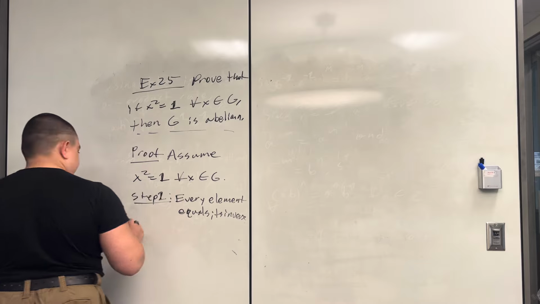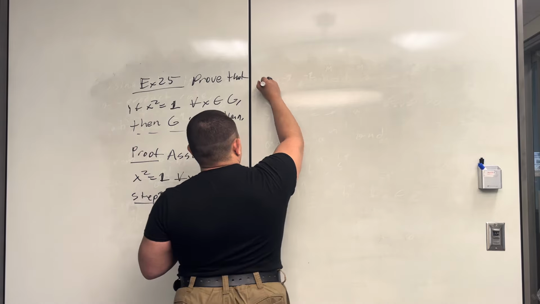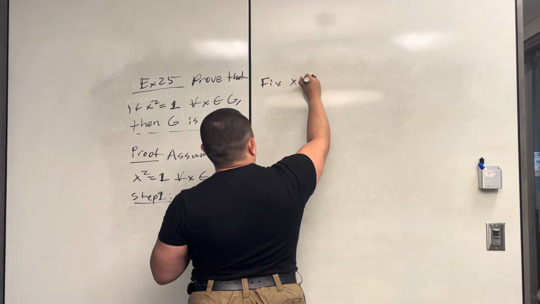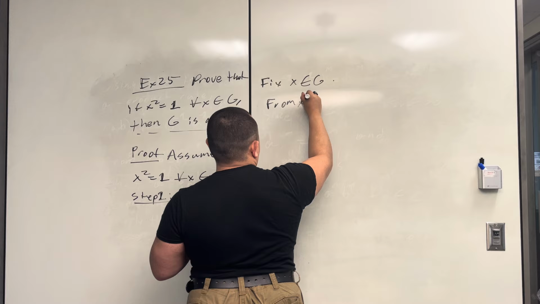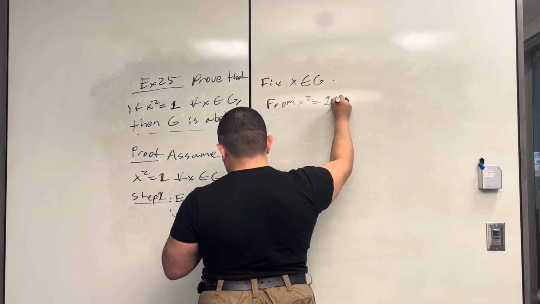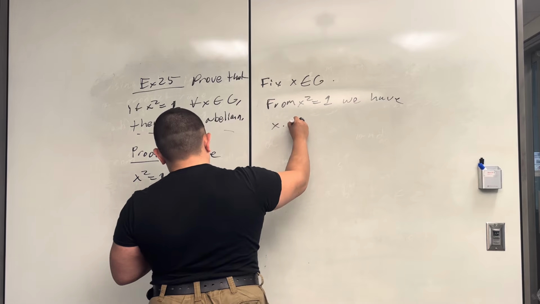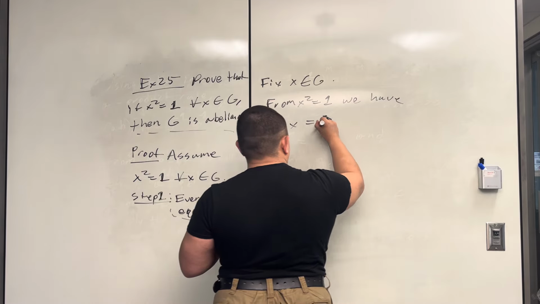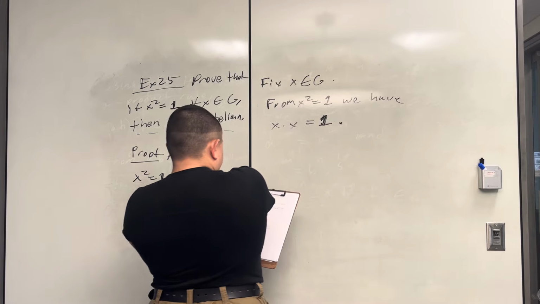So let's fix x within G with x squared equal to 1. We have x dot x, which is x times x, equal to 1 by definition of the inverse.